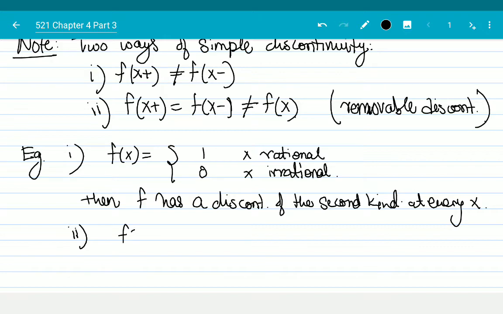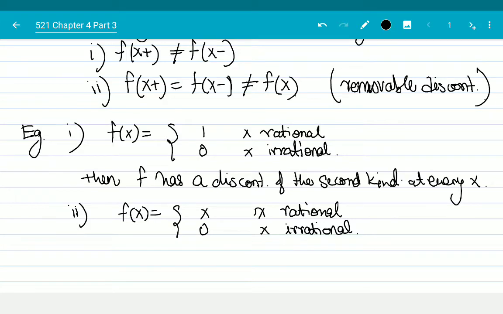Now suppose f of x is equal to x when x is rational and 0 if x is irrational. This might not seem like a very big difference from the previous case, and it's not. It's still a function that's defined on rationals and irrationals separately.